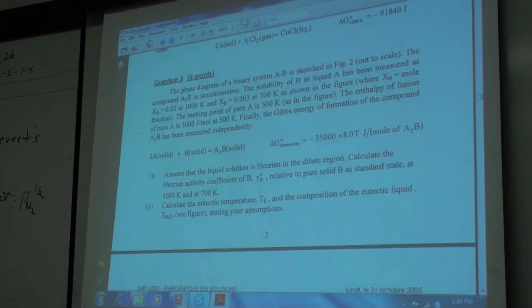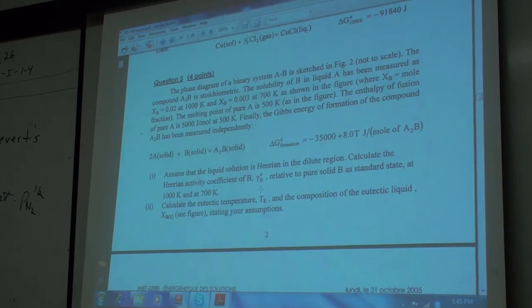Three. Phase diagram of a system AB is sketched in figure 2. The compound A2B is stoichiometric. Solubility of B in A has been measured as 0.02 at 1,000 and 0.03 at 700 as shown in the figure. The melting point of pure A is 500 as in the figure. The enthalpy of fusion of pure A is given. And finally, the Gibbs energy of formation of the compound has been measured independently.